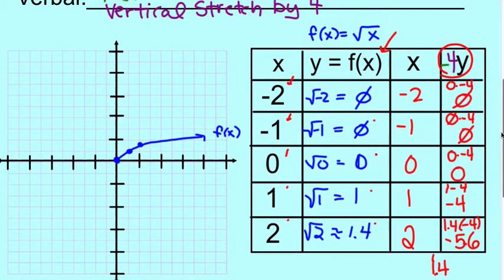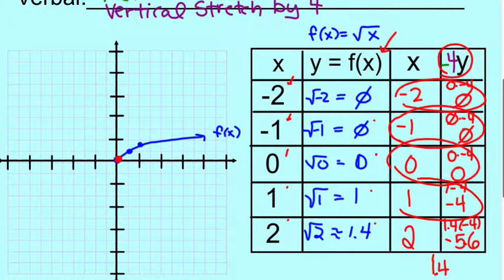All right, so let's go ahead and graph these ordered pairs. Negative 2 does not exist. Negative 1 does not exist. 0, 0. So there's our first ordered pair, still the same as the other one. And then over 1, down 4. And then over 2, down 5.6.